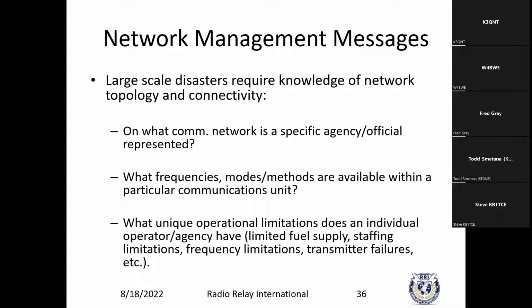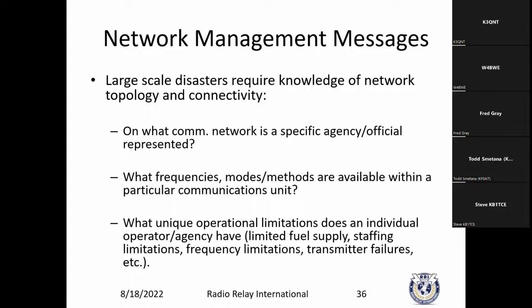The network coordinator received all of these operational readiness messages, and he created a spreadsheet identifying at any time during any of the three phases of the exercise what stations were active, what specific served agencies and officials they had contact with, what frequencies and modes were available to them, or the particular communications unit with which they were associated, and identifying any operational limitations that they might have.